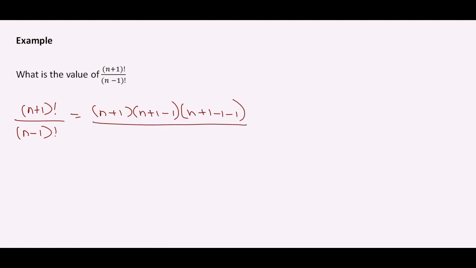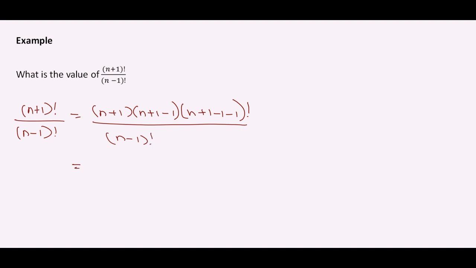Final example, we have n plus 1 factorial divided by n minus 1 factorial. So this is going to be n plus 1 multiplied by n plus 1 minus 1 multiplied by n plus 1 minus 1 minus 1, and let's put a factorial there, divided by n minus 1 factorial.